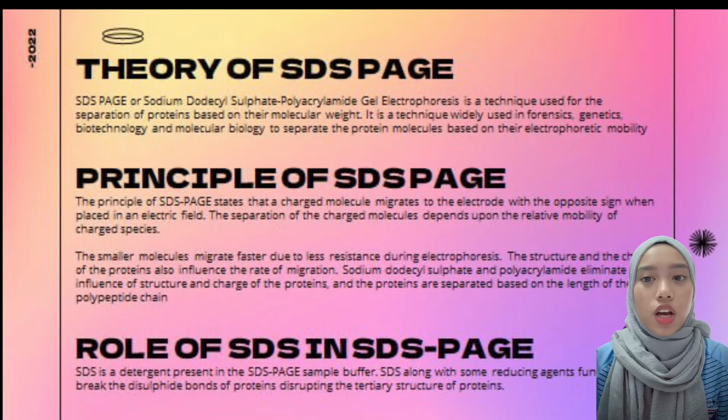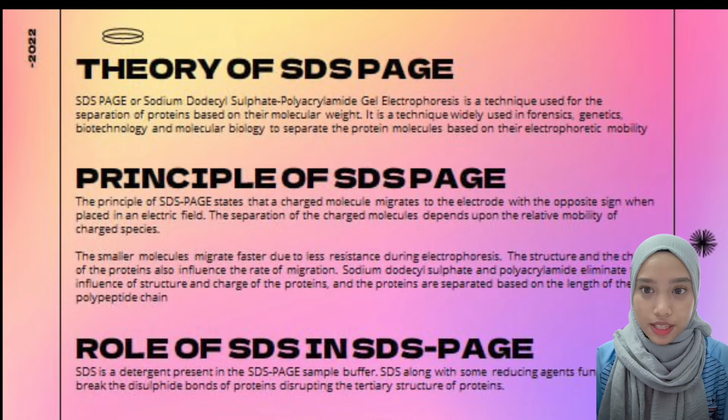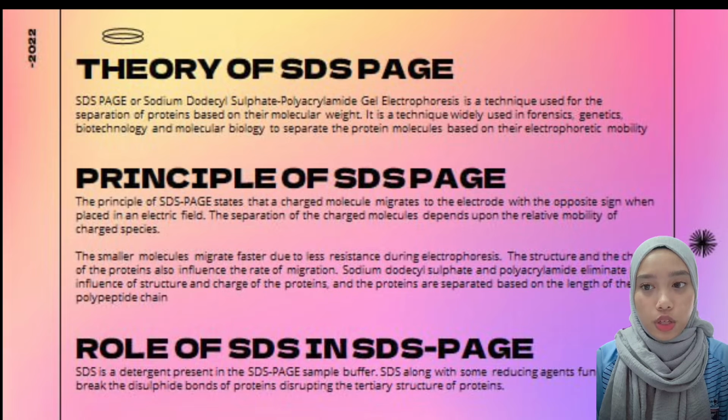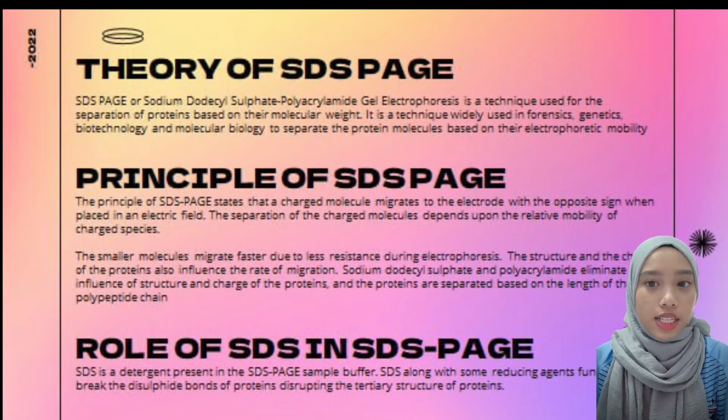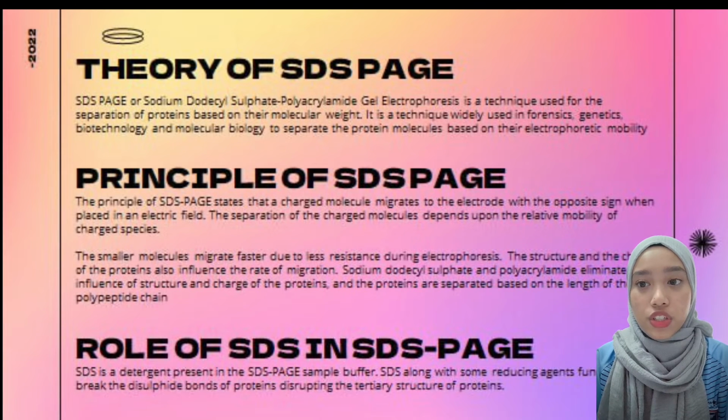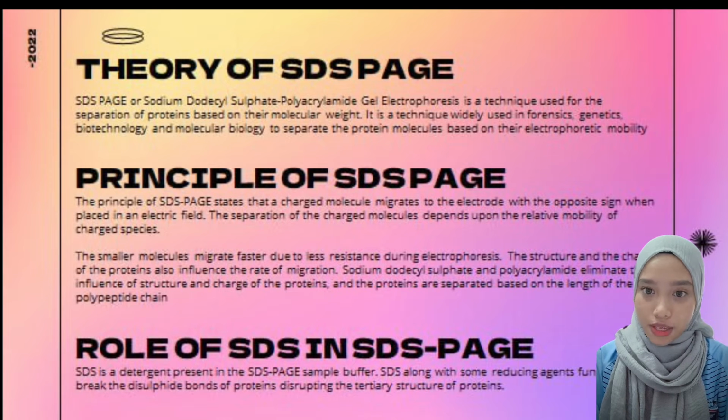So next, we're going to talk about the principle of SDS-PAGE. The principle of SDS-PAGE states that a charged molecule migrates to the electrode with the opposite sign when placed in an electric field. The separation of the charged molecule depends upon the relative mobility of charged species.